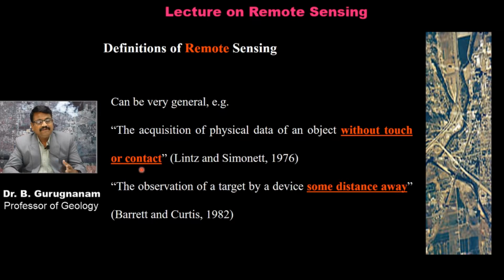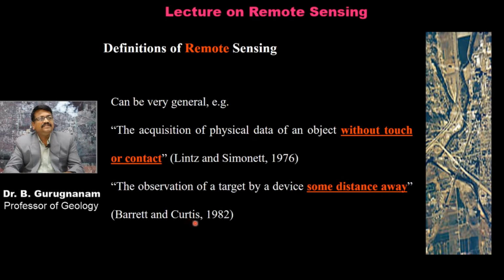If I am looking at the monitor and I find that this is a red color, this is remote sensing. It was defined in 1976 by Lintz and Simonett. Of course, many people have defined remote sensing in different forms, but one should understand that this is the technology without physical touch or contact with the object.